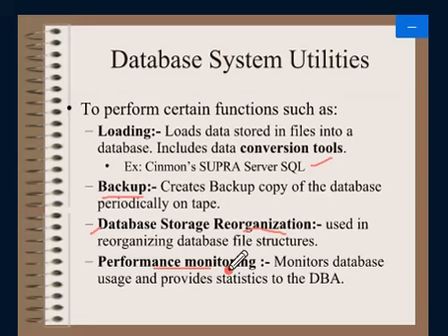The DBA uses these statistics in making decisions such as whether or not to reorganize files, or whether to add or drop indexes to improve performance. All this is done using performance monitoring utilities. Other utilities are also available.